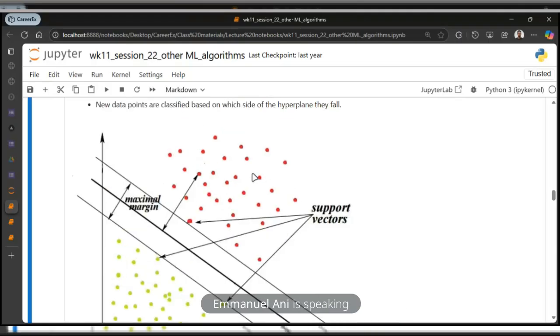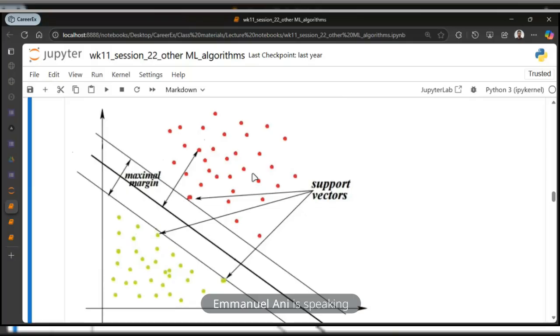I want us to figure this out with me. Exactly. So this is the hyperplane. To create this hyperplane, there's something that is going to be considered first, which are called support vectors.